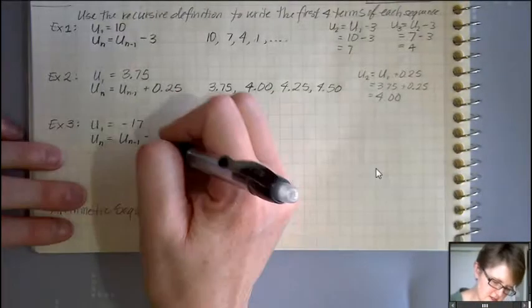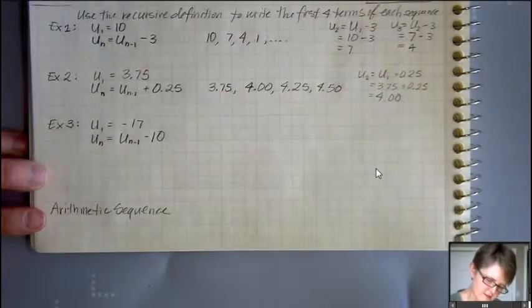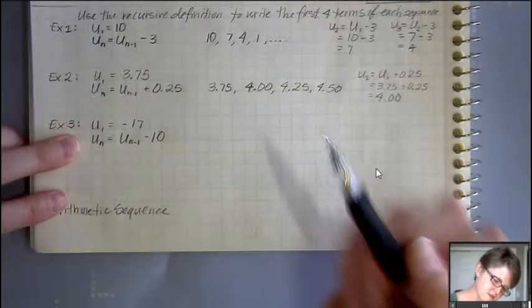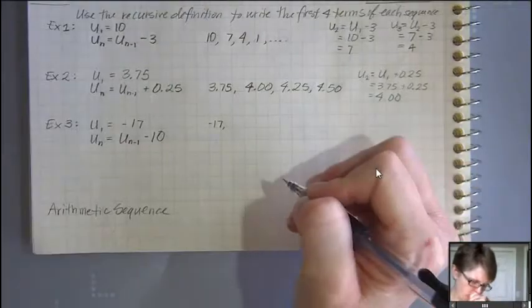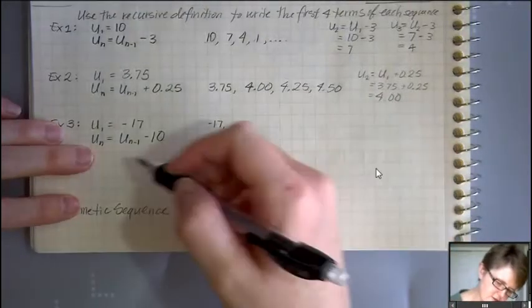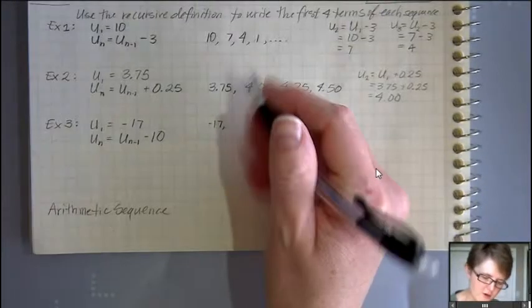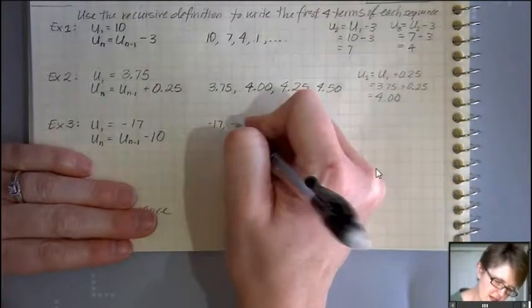Okay, so if we're trying to list out the first 4 terms, our first term is a negative 17. Our next term, if we subtract 10 from negative 17, is going to become even more negative. So if we take 10 away from negative 17, we'll get negative 27. Then we take another 10 away, we get to negative 37.